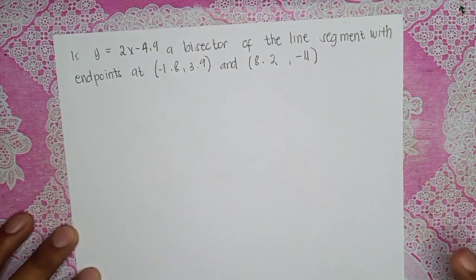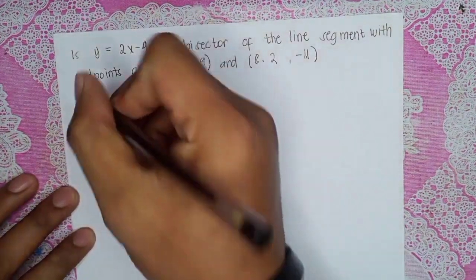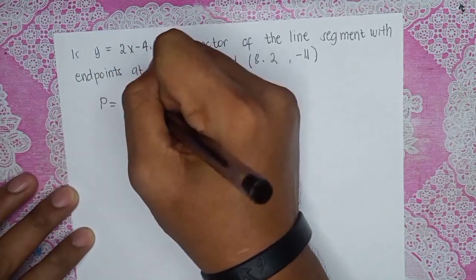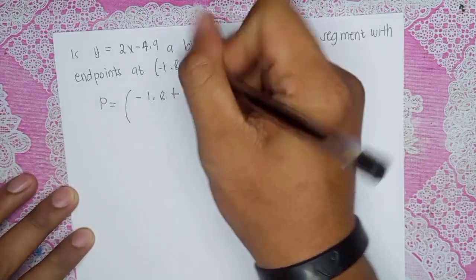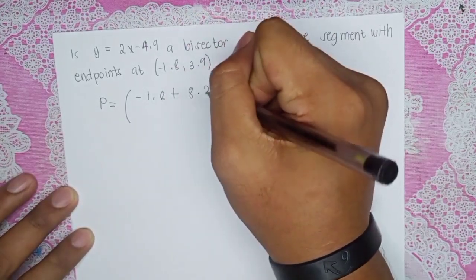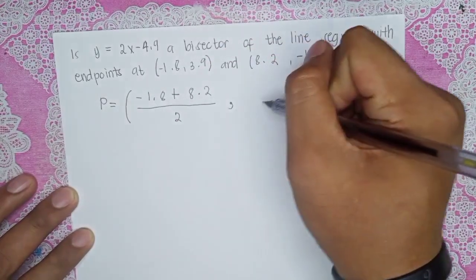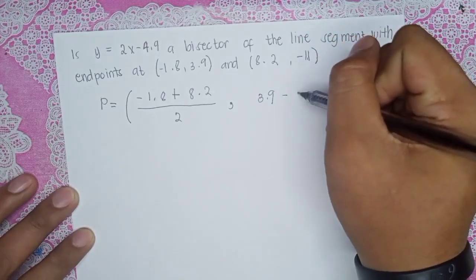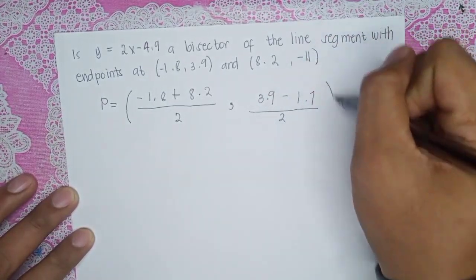So, we will use p is equal to negative 1.8 plus 8.2 over 2 and 3.9 minus 1.1 over 2.